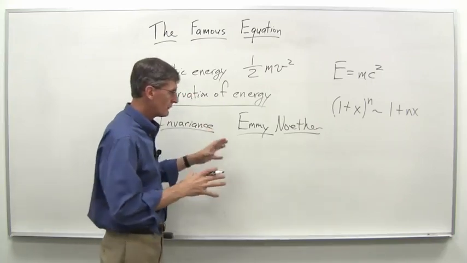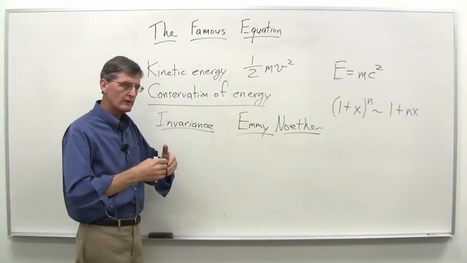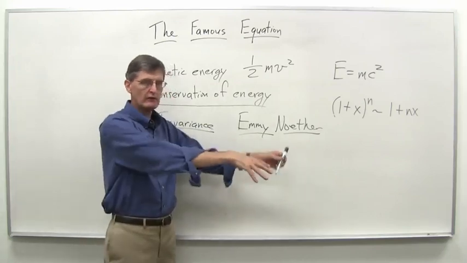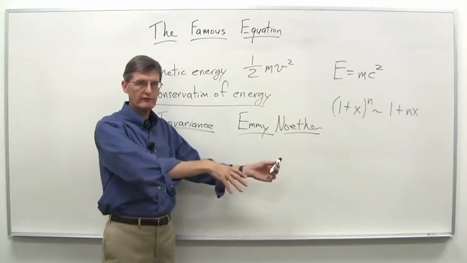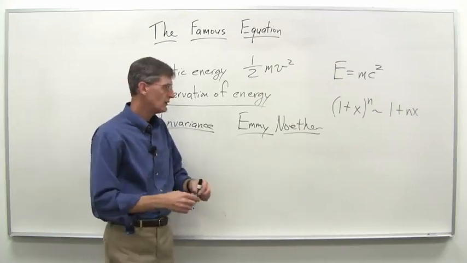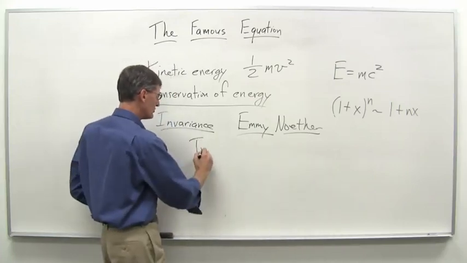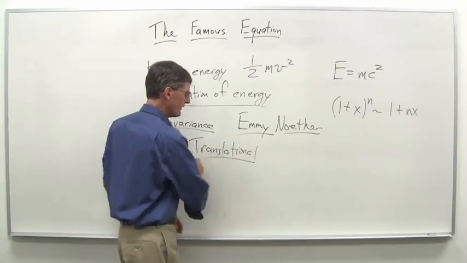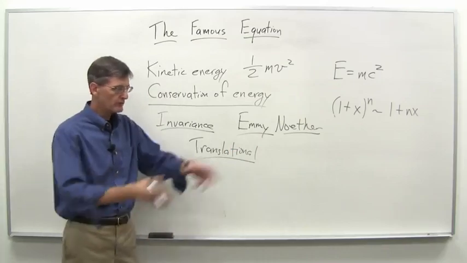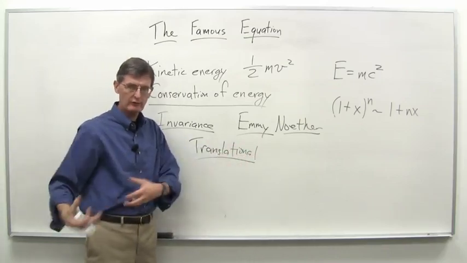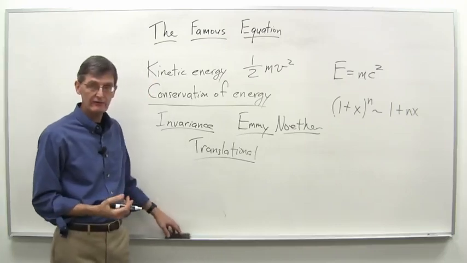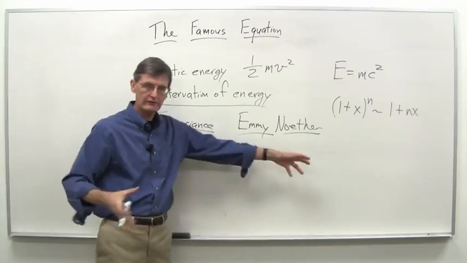And she was able to show that other quantities, like if you think about if we move from here to there, that doesn't change the laws of physics. That's called translational invariance. If I do an experiment here, and do an experiment there, I shouldn't get anything different in terms of my answers, assuming everything else is equal.